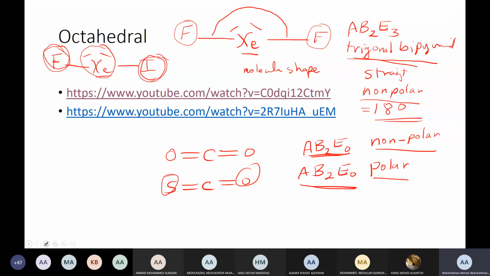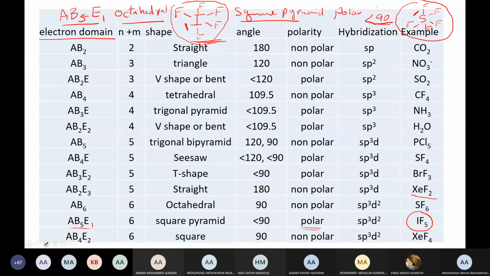If you change the atoms in any molecule, if the terminal atoms are not the same, then it is automatically polar. You don't have to think. Clear? Okay, good. I hope you fully understand this table, and you must memorize everything in it.